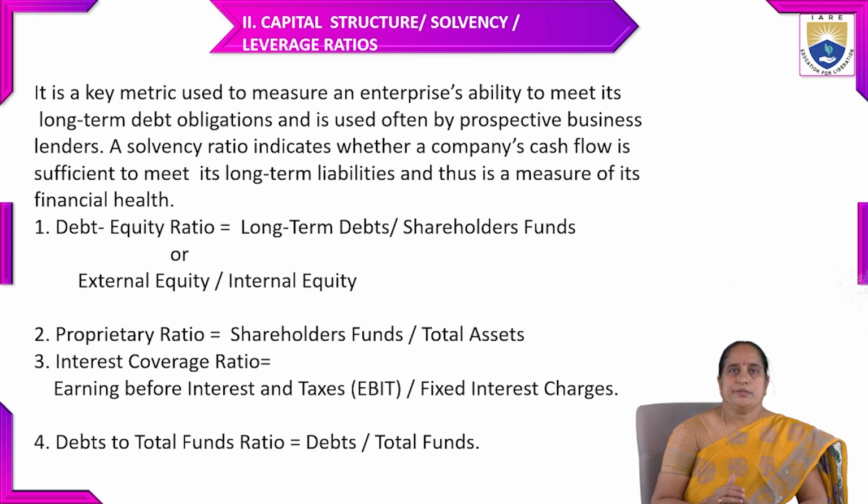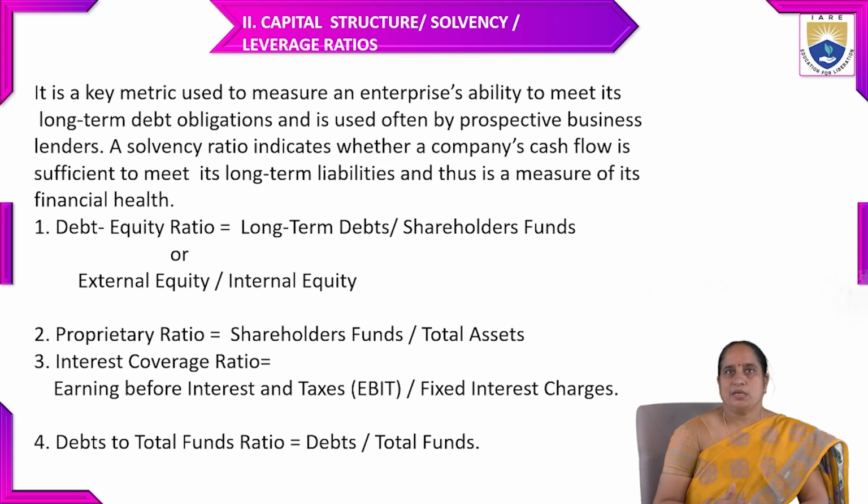It is a key metric used to measure an enterprise's ability to meet its long-term debt obligations and is often used by prospective business lenders. A solvency ratio indicates whether a company's cash flow is sufficient to meet its long-term liabilities and thus is a measure of its financial health.